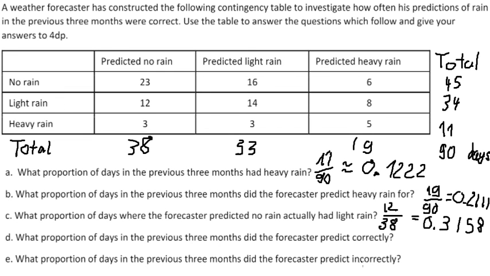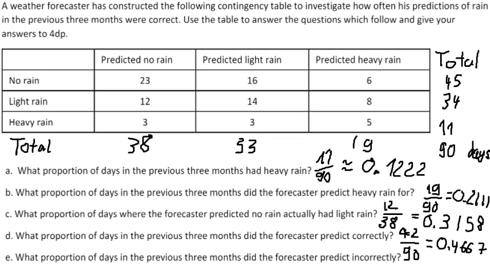Similar for this one. So we just sum three numbers together. So we have 23 plus 14 plus 5. We have 42. We divide by 90. So we will have about 0.4600.